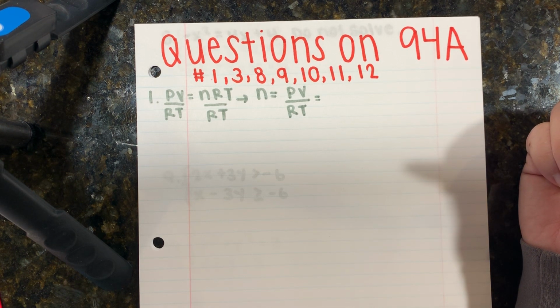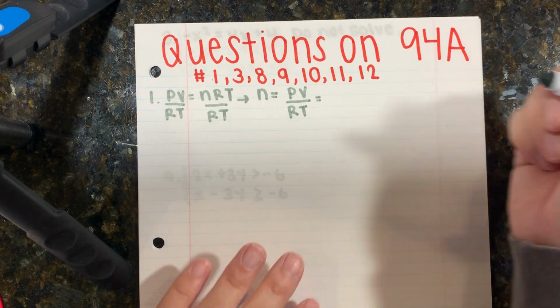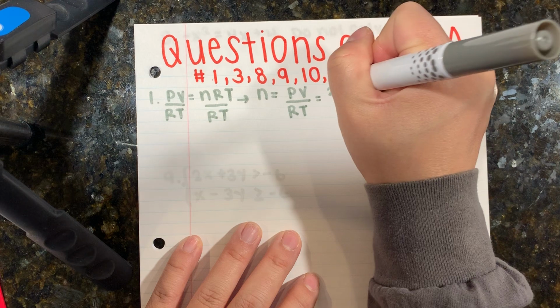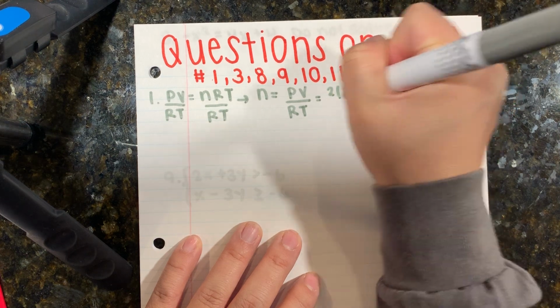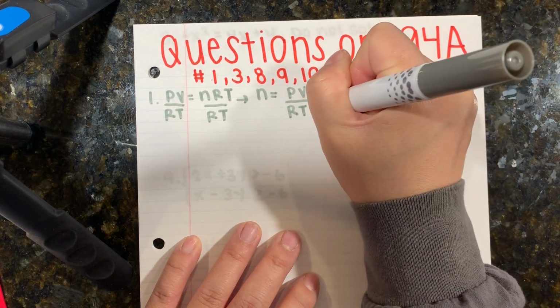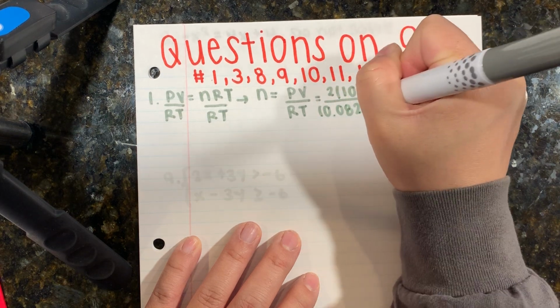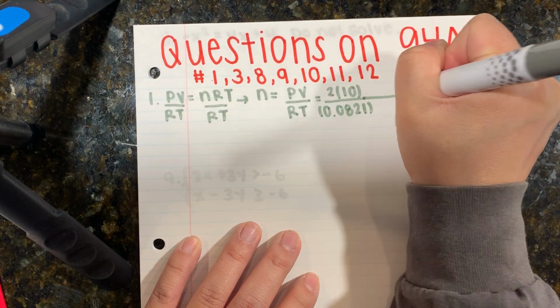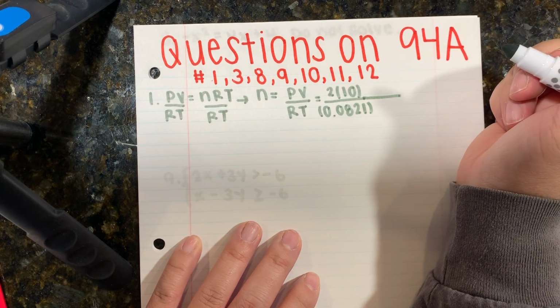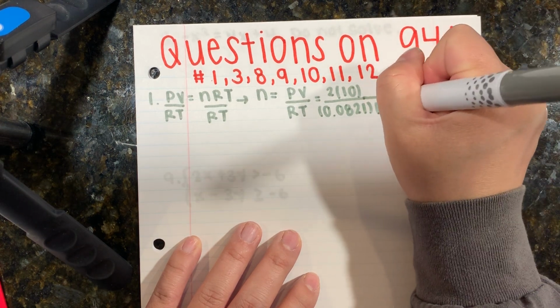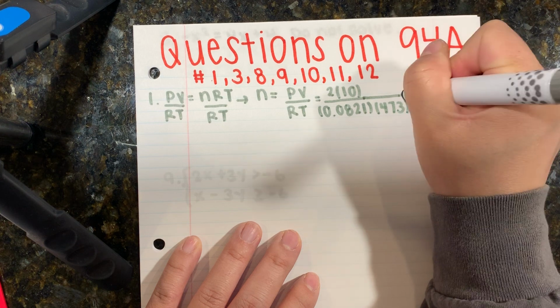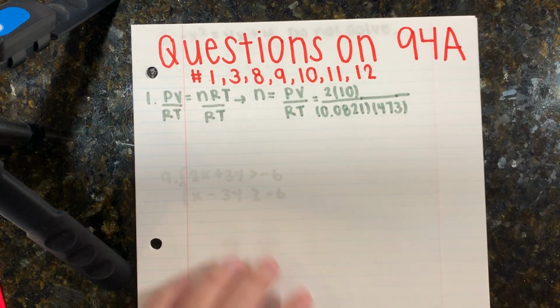So the pressure that we are given is 2, and the volume is 10. So 2 and 10 go in the numerator. And in the denominator, we know that our R is 0.0821, and then our temperature is 473. All you need to do is plug that into your calculator.